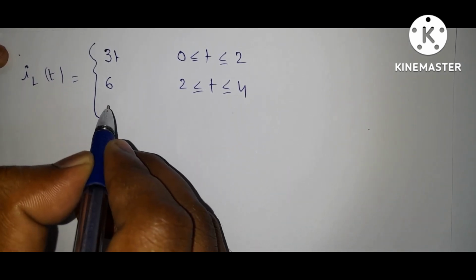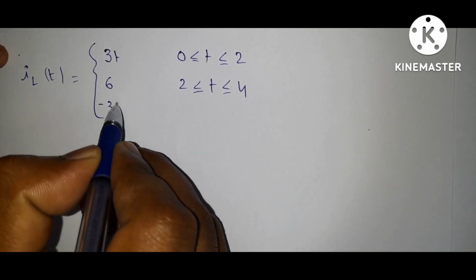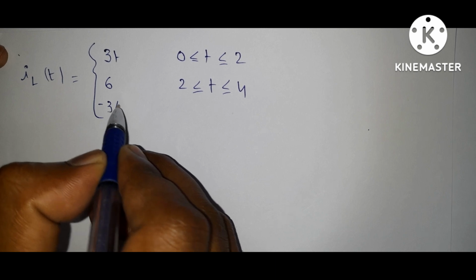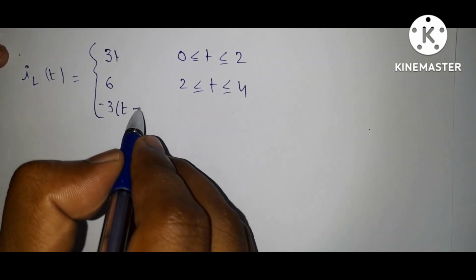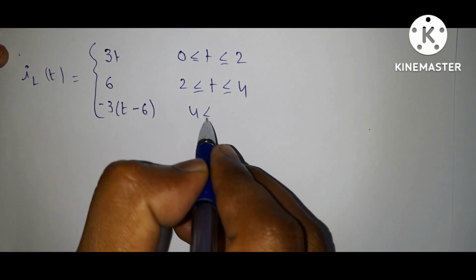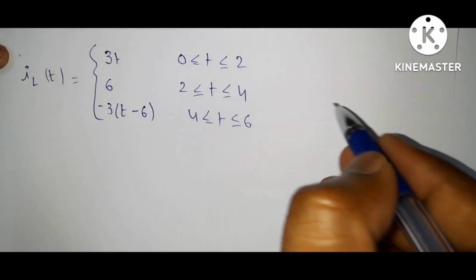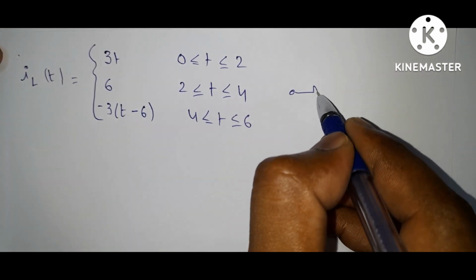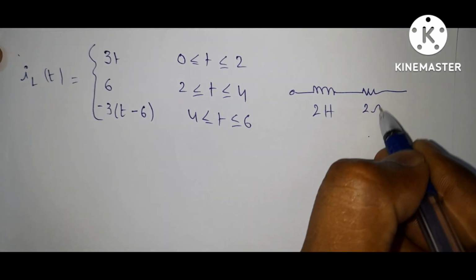Next, from 4 to 6 seconds, what is the current? If you solve that, minus 3 into (t minus 6), for 4 to 6 seconds. The inductance and resistance values are given as 2 Henry and 2 ohms.